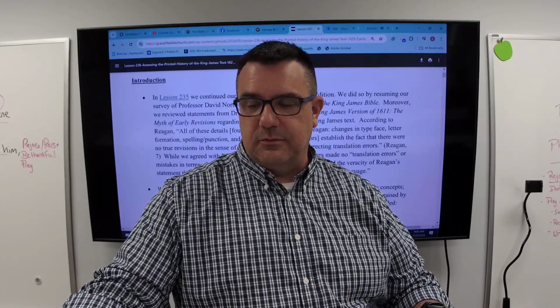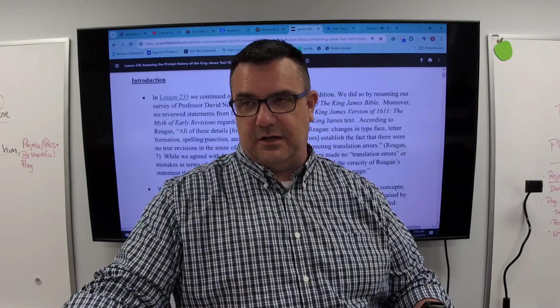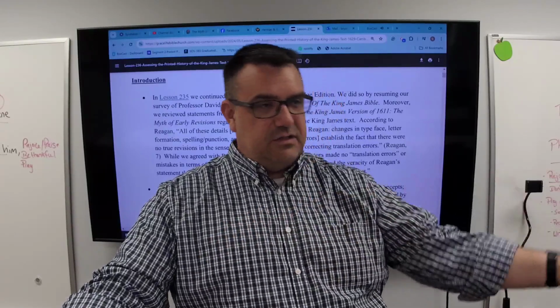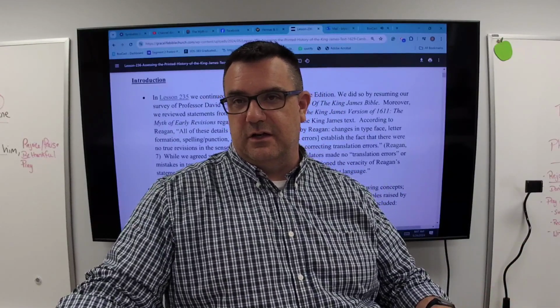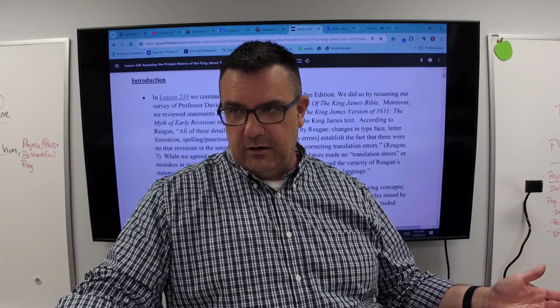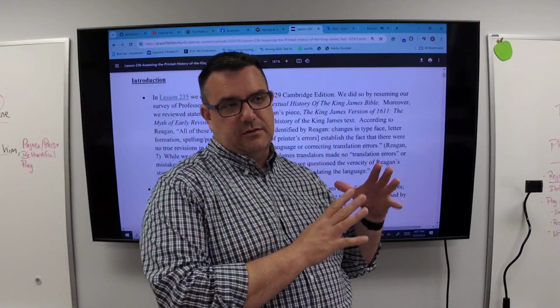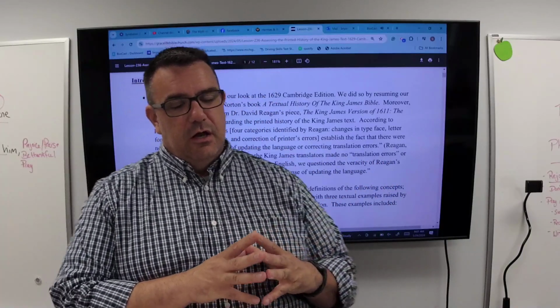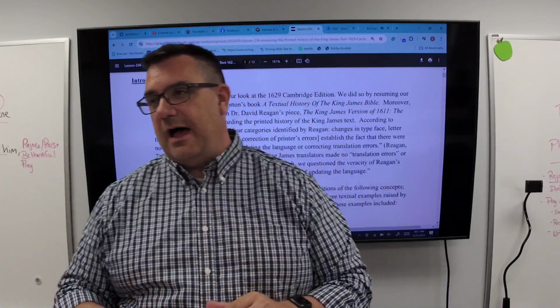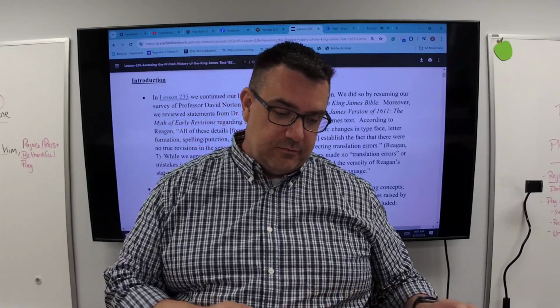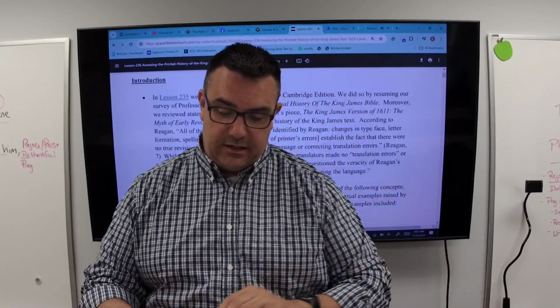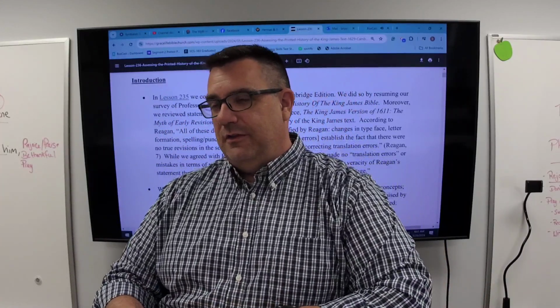I don't think the King James translators made any mistakes in the sense that they misstated anything in English that the text said in Hebrew or Greek. But Reagan is saying that there were no true revisions in the sense of the updating of any language. I tried to demonstrate to you last Sunday, by looking at examples from the 1629 Cambridge, that I'm not sure that that's a true statement.